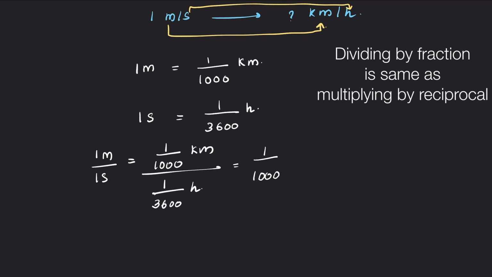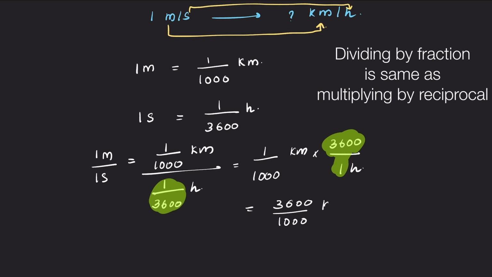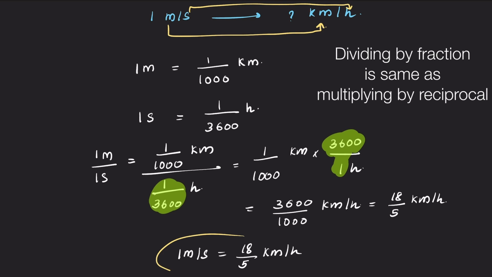Dividing by a fraction is the same as multiplying by its reciprocal. So this will look like 1 upon 1000 kilometer multiplied by 3600 upon 1 hour. That gives us 3600 upon 1000, or 36 by 10, which can be further simplified to 18 by 5. So 1 meter per second is 18 by 5 kilometer per hour. That's our reverse conversion factor.